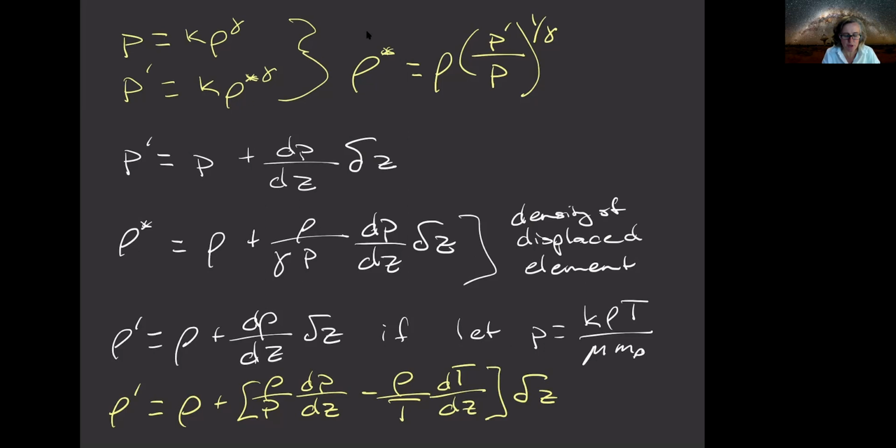So how do the two terms relate to each other? How does rho star relate to rho prime? Because if rho star is less than rho prime, then it's unstable.